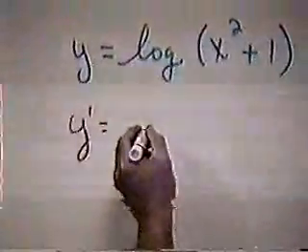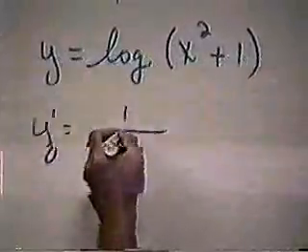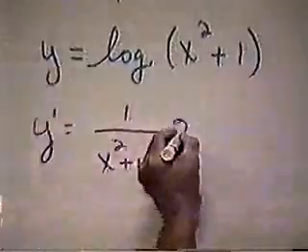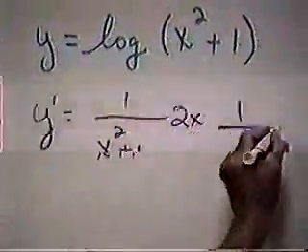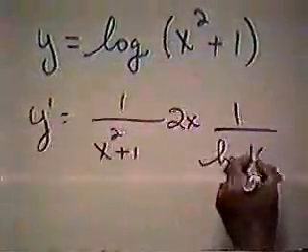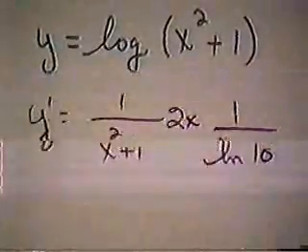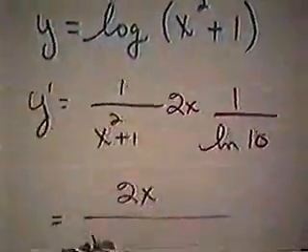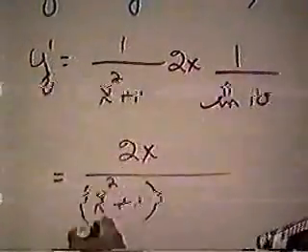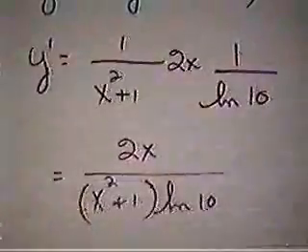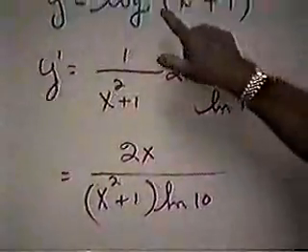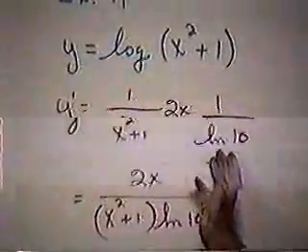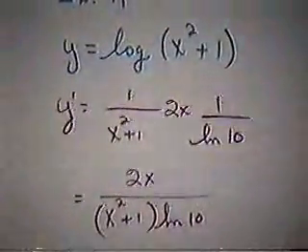The derivative of log, derivative log, is 1 over the object times the derivative of the object, but then we tag on the bottom ln of whatever the base is. So in other words, our final answer here is 2x over x squared plus 1 times the log of 10. Just remember now, the derivative of log is the same as ln. You just tag on ln of whatever the base is.